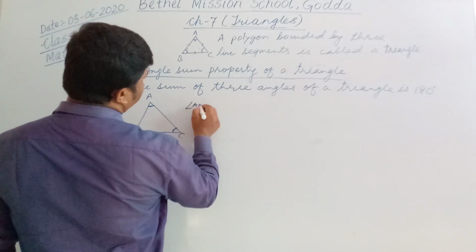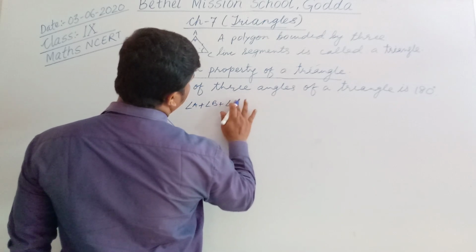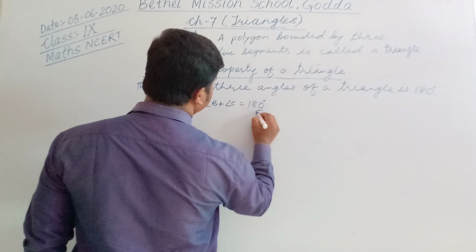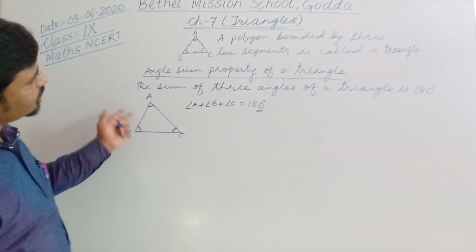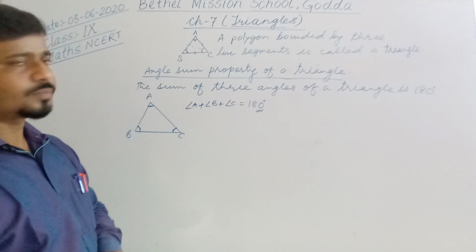Means angle A plus angle B plus angle C equal to 180 degree. So this property is called the angle sum property of a triangle.